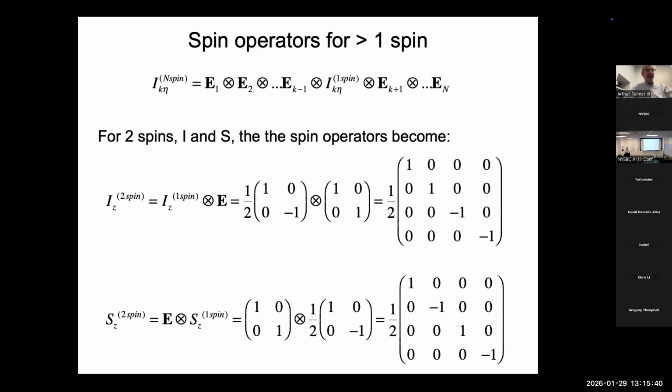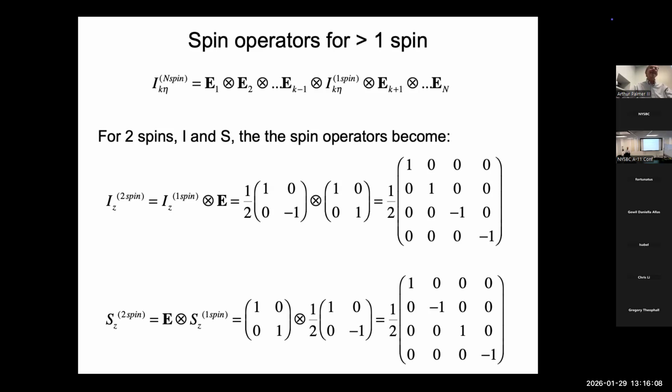The second diagonal position, the population of the beta state. And the minus sign tells me that IZ magnetization is represented by the difference between the population of the alpha state and the population of the beta state. Well, remember at Boltzmann equilibrium, when everything was proportional to IZ, the diagonal elements were the Boltzmann populations.